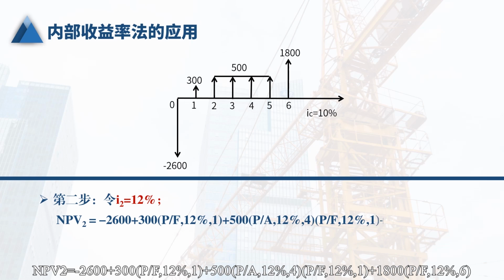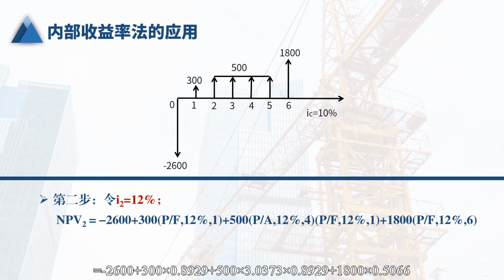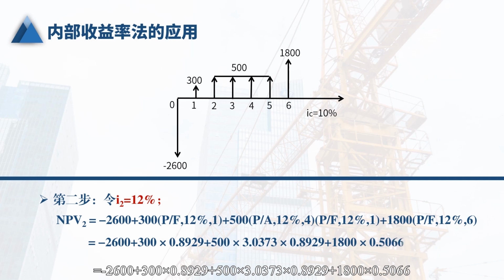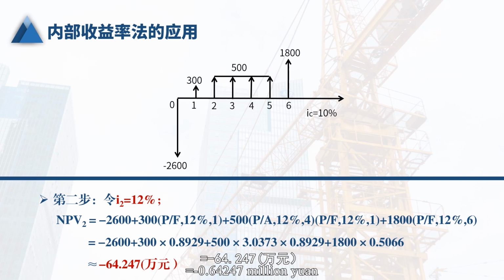NPV2 = -2,600 + 300 × (P/F, 12%, 1) + 500 × (P/A, 12%, 4) × (P/F, 12%, 1) + 1800 × (P/F, 12%, 6) = -2,600 + 300 × 0.8929 + 500 × 3.0373 × 0.8929 + 1800 × 0.5066 = -0.64247 million yuan.